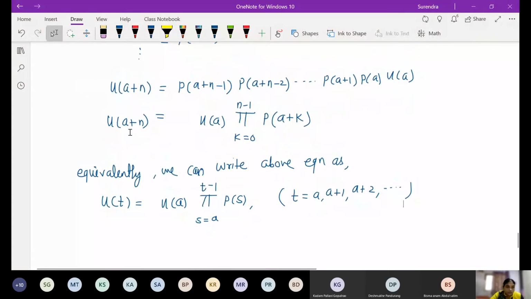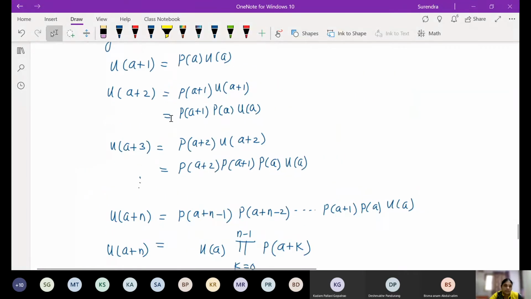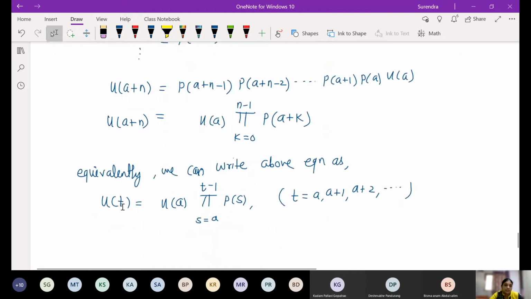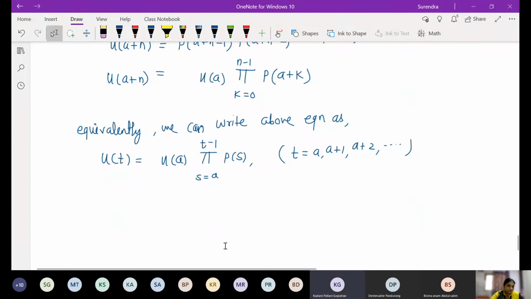Now instead of a plus n, I am writing any t, where t takes the values a plus 1, a plus 2 and so on. So when t takes a, it should be u at a only, so the product s equal to a to a minus 1 of p of s should be 1.